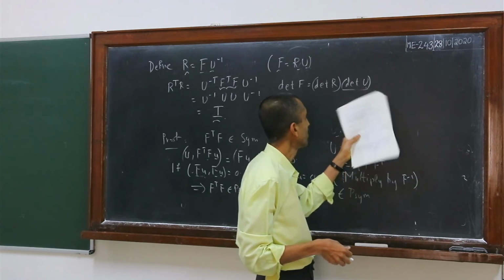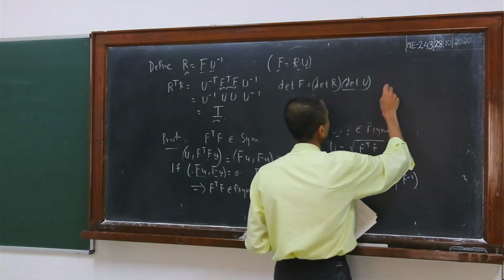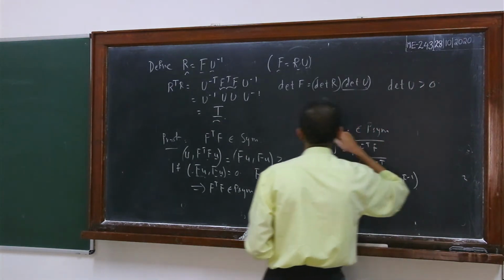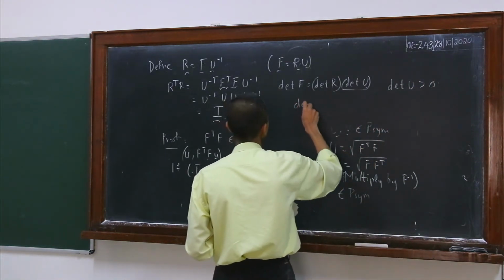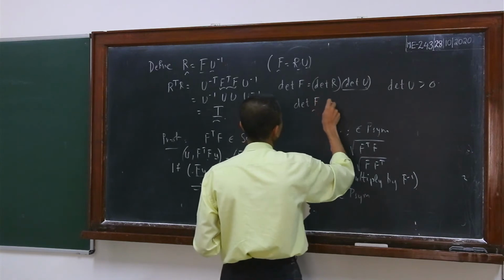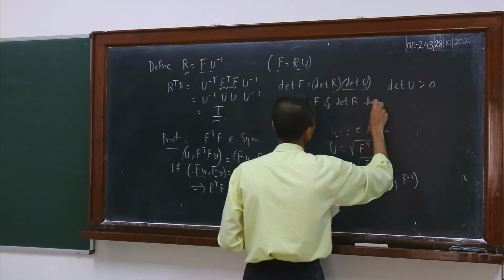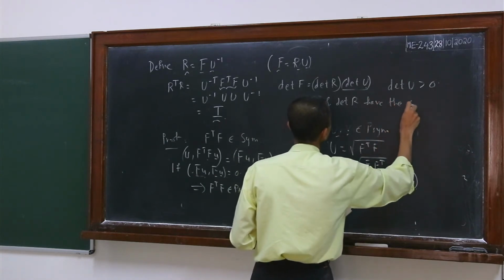Hence the determinant of U is always greater than 0. So det F and det R have the same sign.